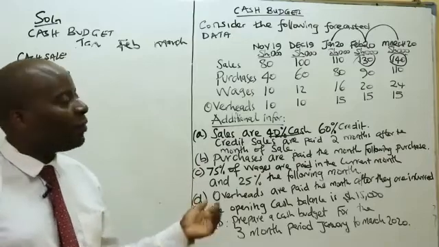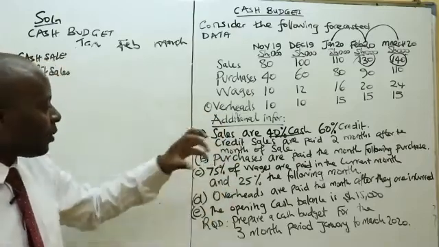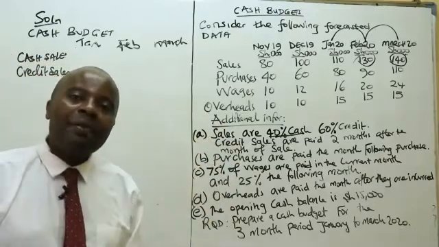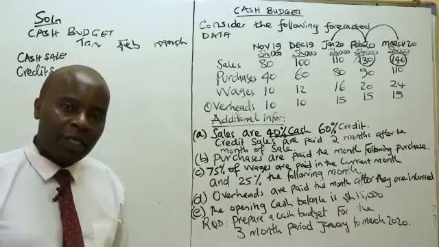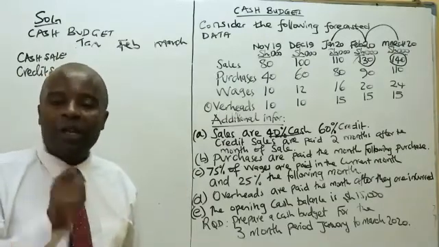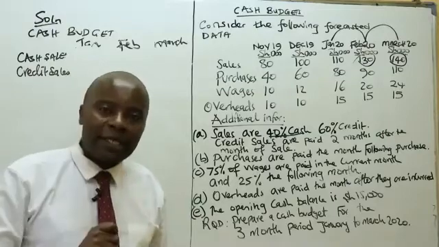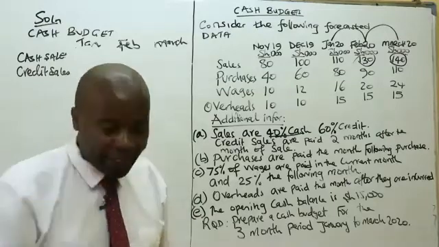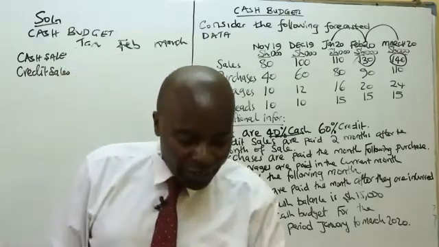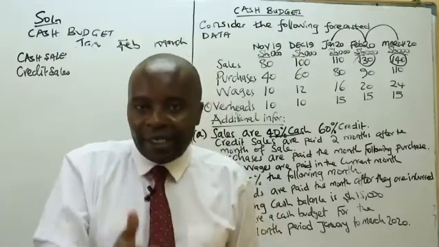Incomes, what do we have? Incomes, of course, sales is our major income. Remember that whenever we sell goods, we don't have to receive all the money at once. There is what we call credit sale.